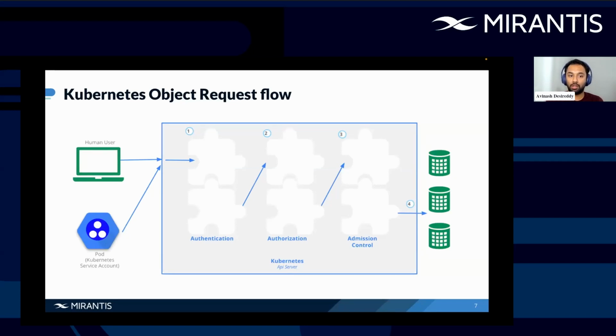How that is done is with the help of the admission controller, where it intercepts the object specification, injects the default ingress class, and then performs the next steps. Okay, we'll come back to the admission controller again, because the OPA Gatekeeper implementation is based on this admission controller.